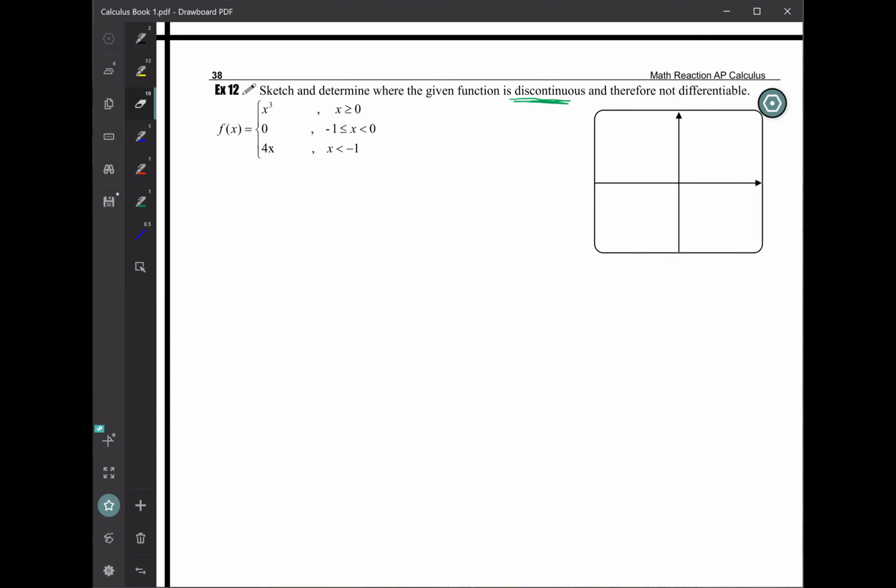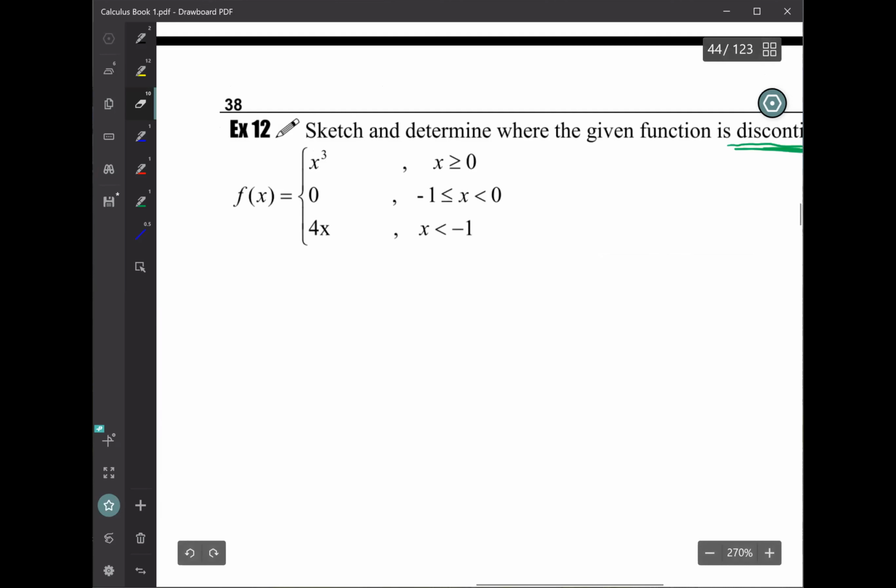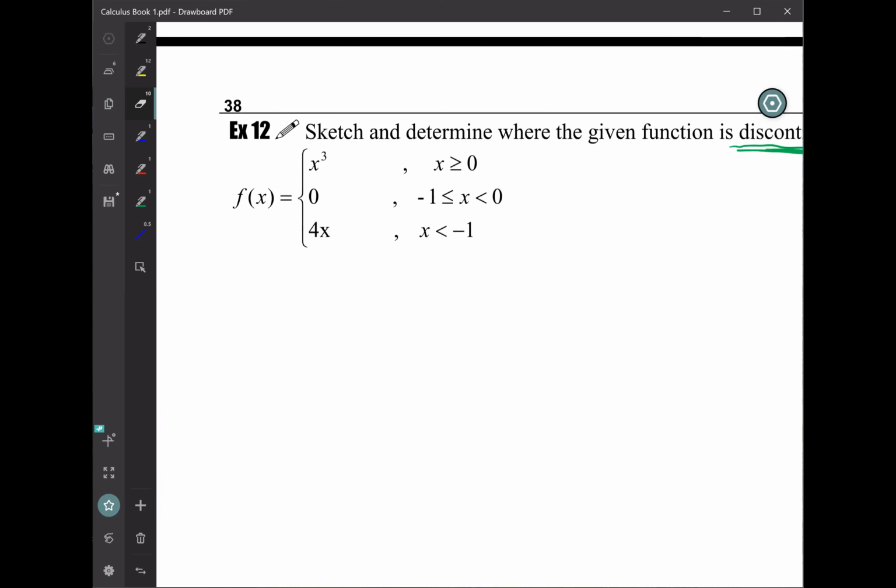So how many places do we need to check? One. Only one place? How do you know? Oh, sorry, two. How do you know there are two places? Because of the -1 and the 0. Yes, there are only two points that they give you, where the function gets separated. One point is at 0, greater than 0, less than 0. So you look at the domain.